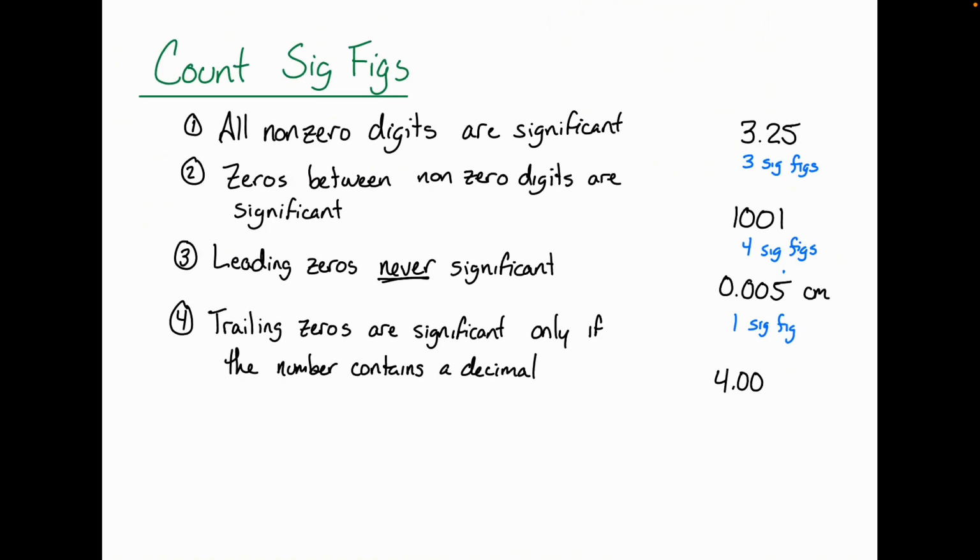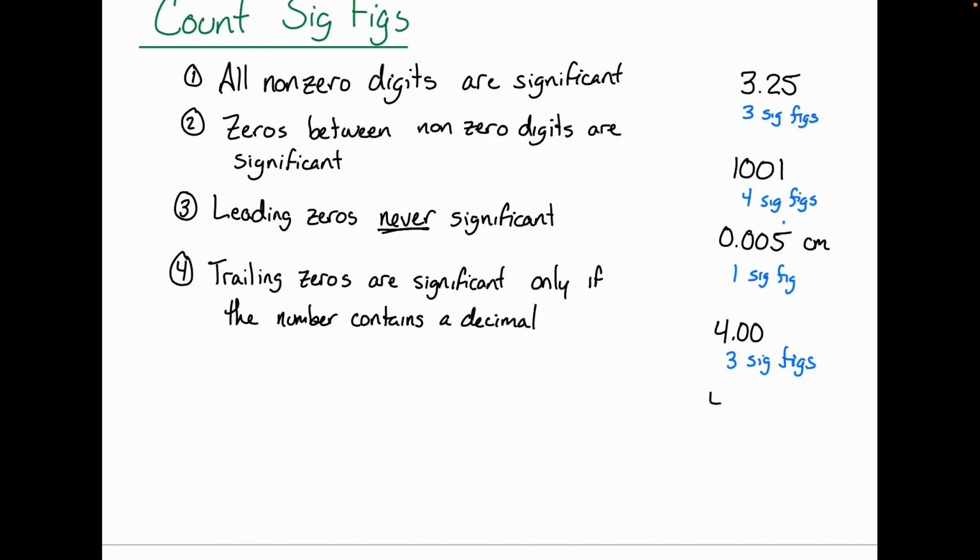So because of that decimal point that appears, all 3 of these are going to count. But what if I had 400? Now there's no decimal point that appears in this number, so I'm not going to count those trailing zeros. The only sig fig is this non-zero digit out front, that 4. All right, so this number here would just have 1 sig fig.